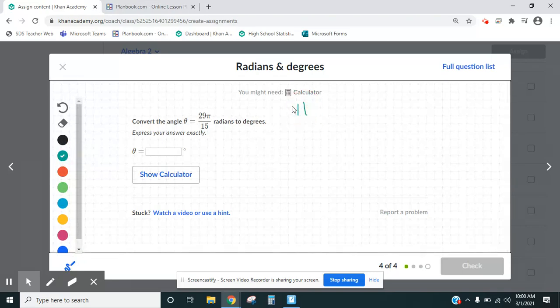Remember this: what's pi radians equal to? 180 degrees. So instead of writing 29 times pi over 115, I'm going to take out the pi, and I'm going to substitute 180. And instead of radians, it now becomes degrees. I just swap it out. 180 in for the pi, right there.